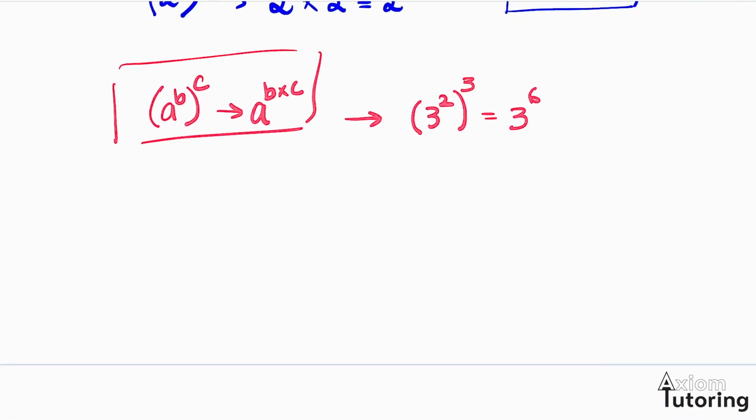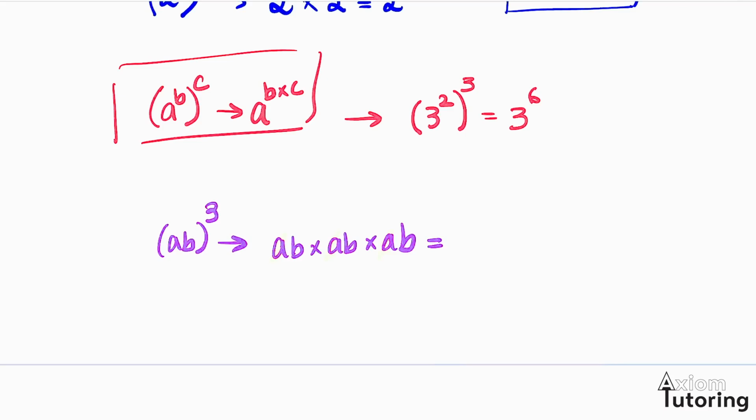What if we have more than just one term inside the brackets? What if we have AB to the power of 3? Well, that means AB times AB times AB. How many A's do we have multiplied by each other? 3.